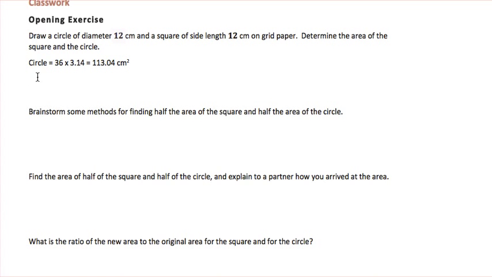And the area of the square is the side length squared, so 12 squared is 144 square centimeters. Then we're asked to brainstorm some methods for finding half the area of the square and half the area of the circle.